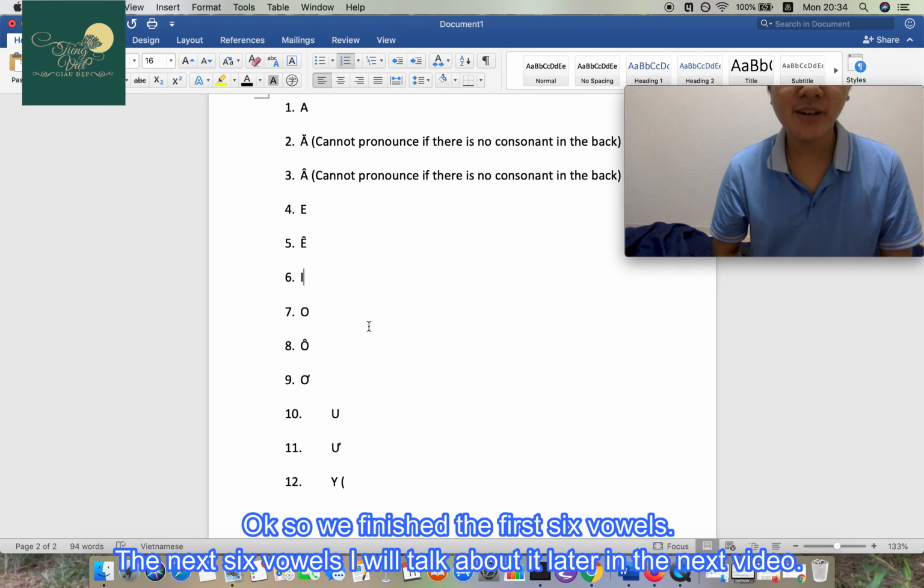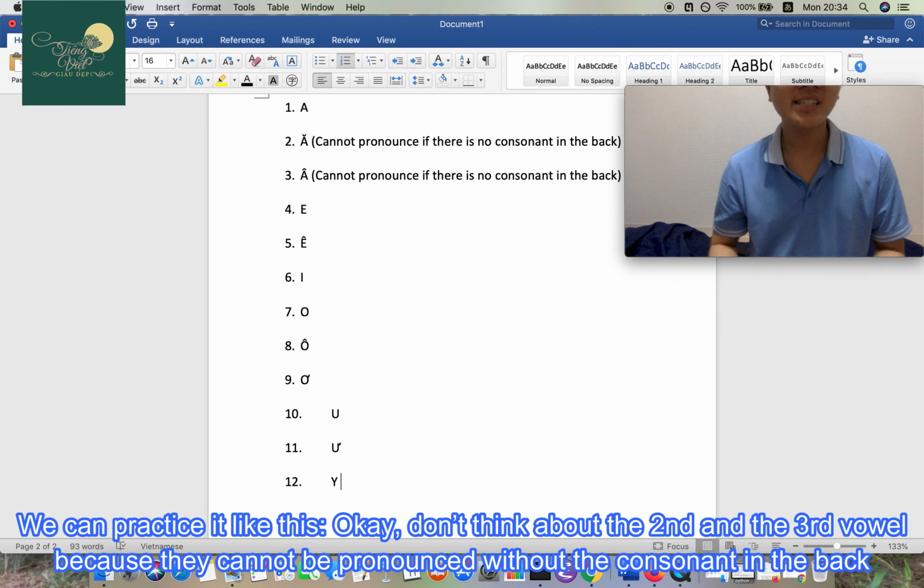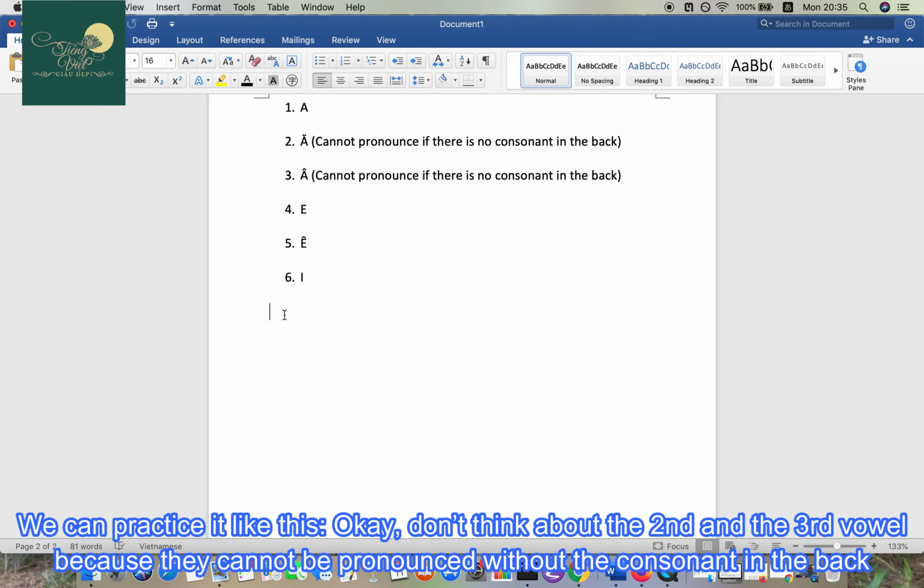The next 6 vowels, I will talk about in the next video. But first, let me explain how to remember this pronunciation. We can practice it like this. Don't think about the second and the third vowel because they cannot be pronounced without a consonant in the back.